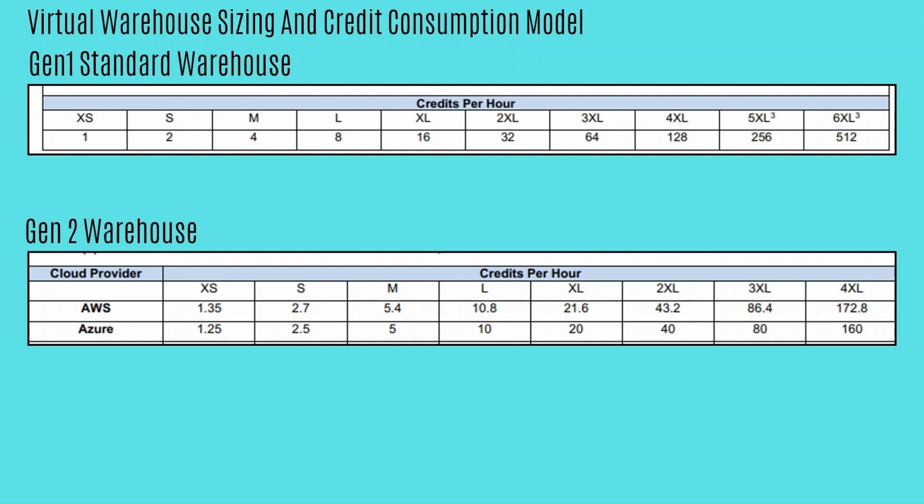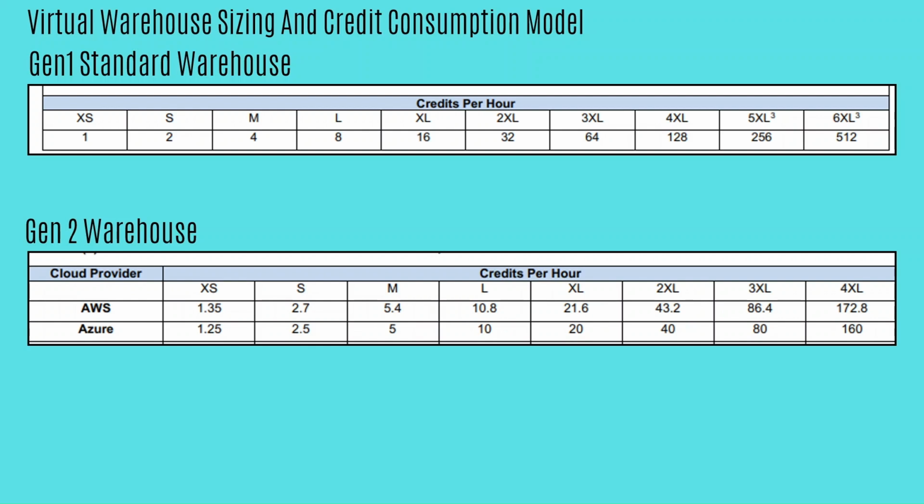the credit consumption was linear across any cloud provider you select. Whether it's AWS, GCP, or Azure, if it is X small, it will be charged 1 credit per hour. If it is 6XL, you will be charged 112 credits per hour. But in the Gen 2 warehouse, that is not the case. In AWS, it's 1.35.